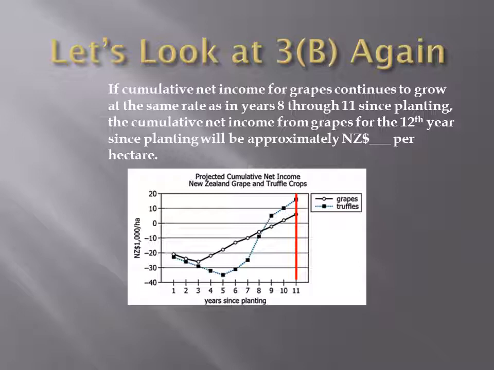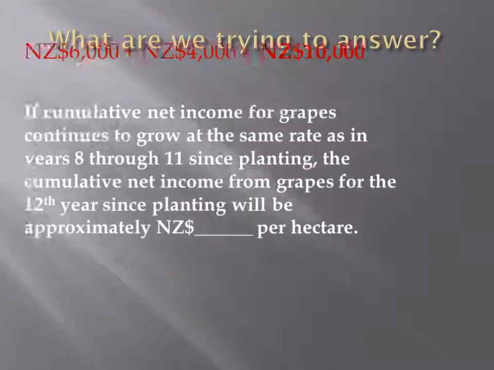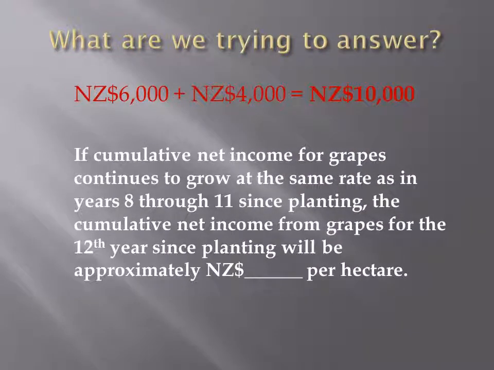So we need to take the value that we have at the end of the 11th year, which is 6, and then we need to add on our yearly growth that we've just calculated. So we're going to take 6,000 New Zealand dollars. We're going to add on the 4,000 New Zealand dollars that we calculated as the annual average growth, and we're going to get New Zealand dollars of 10,000.